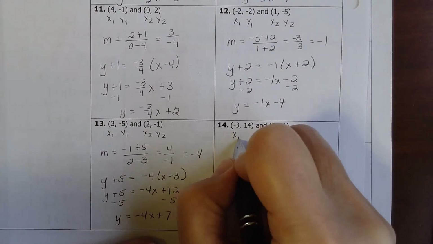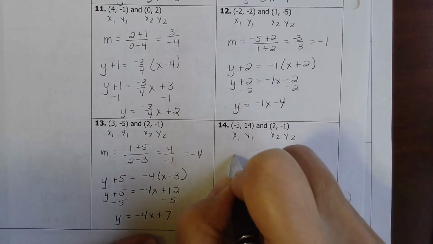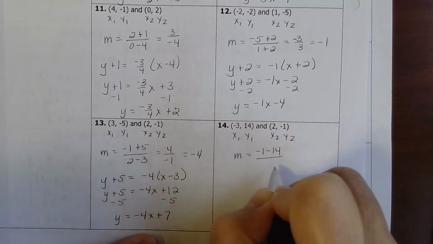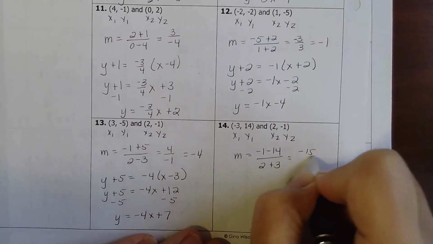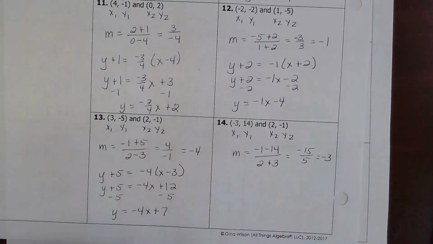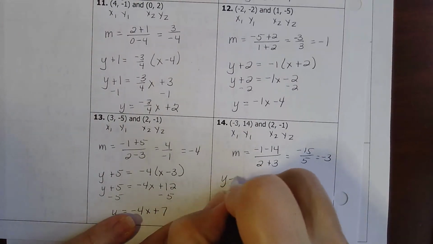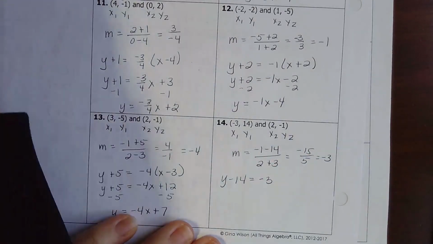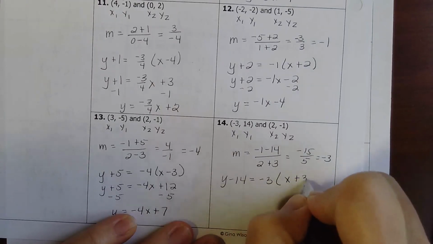All right, x1, y1, x2, y2. Slope is negative 1 minus 14 over 2 plus 3. So that's negative 15 over 5, so that's negative 3. Remember, if I'm going too fast, you can pause it. So y minus 14 equals negative 3 times x plus 3.